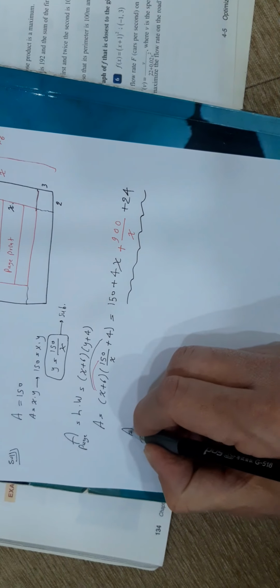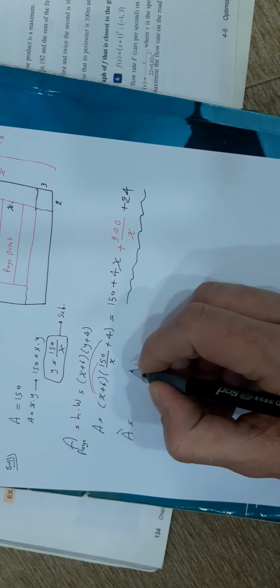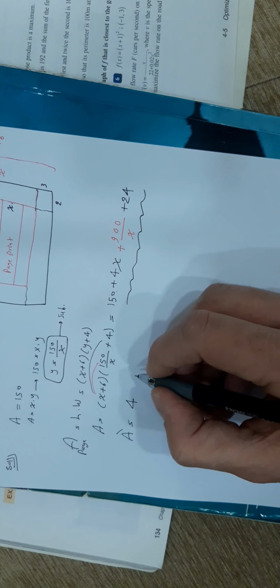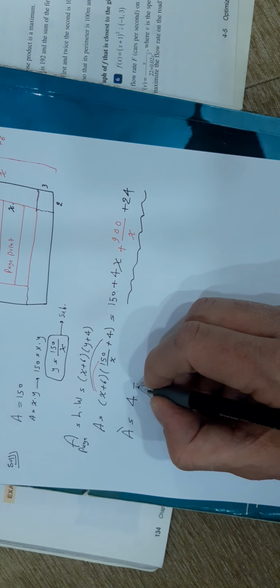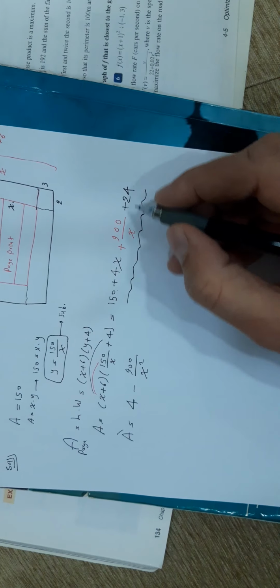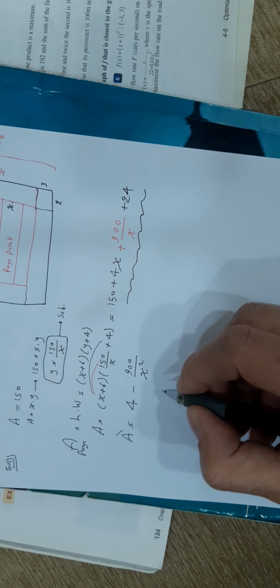Now I can take the derivative: the derivative of 150 is 0, the derivative of 4x is 4, the derivative of 900 over x is negative 900 over x squared, and the derivative of 24 is 0.